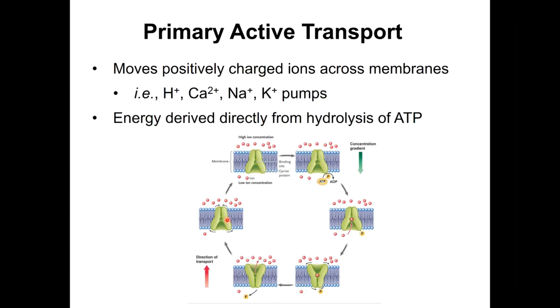When that has taken place, the change in conformation causes the release of the phosphate group, and the primary active transporter goes back to the original conformation, getting ready to bind another ion together with ATP and move another ion against the concentration gradient. Again, in this case, the energy is coming straight from ATP that binds to the same transporter. So it's a primary active transporter, and primary active transport is the movement itself.